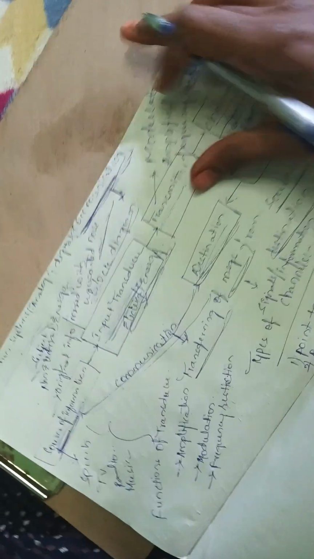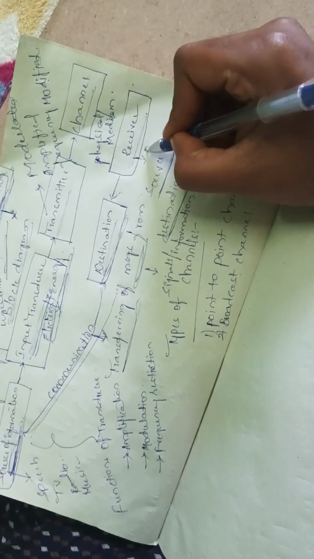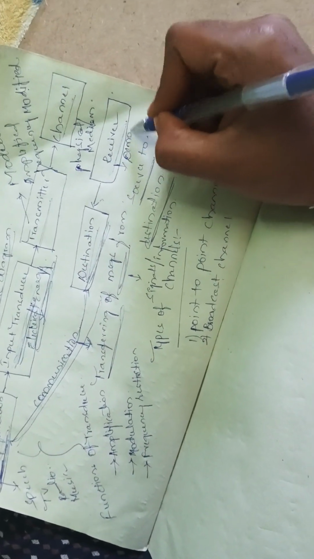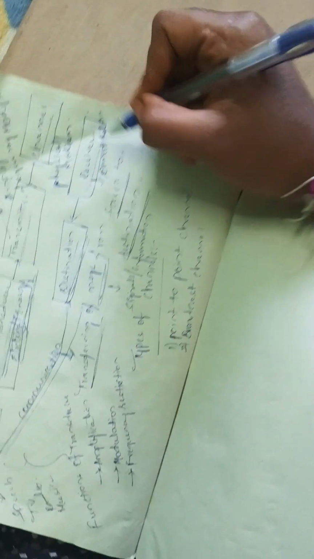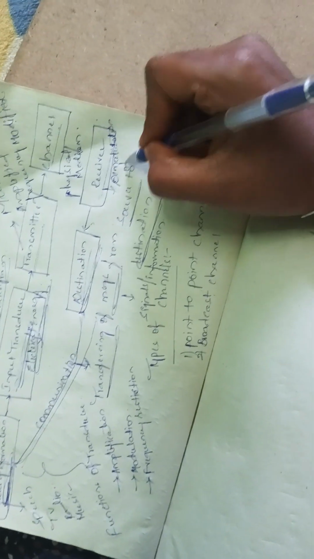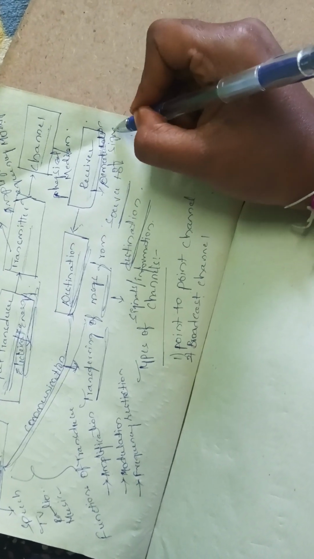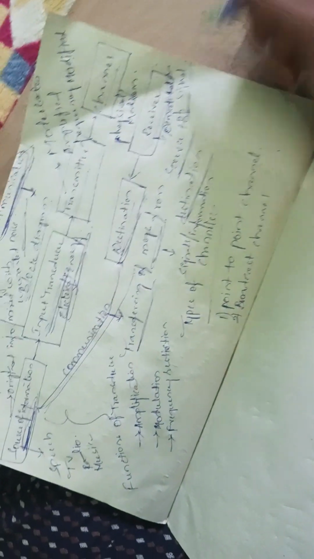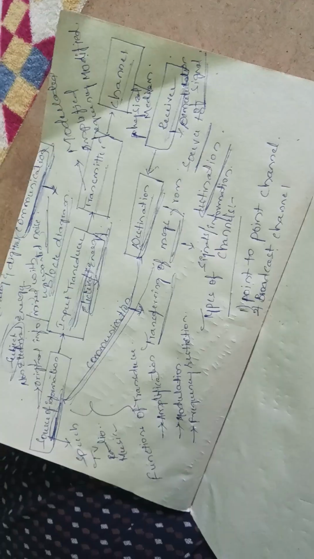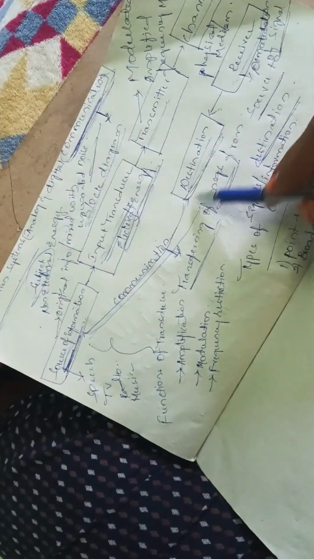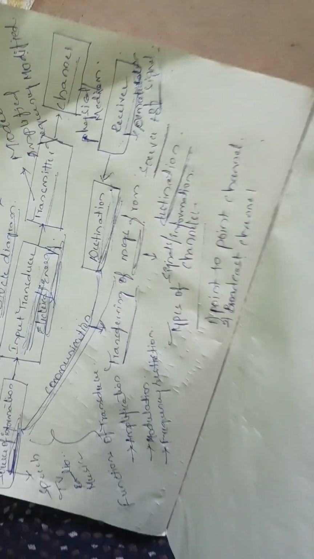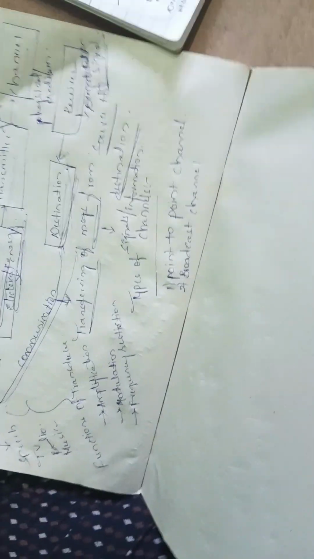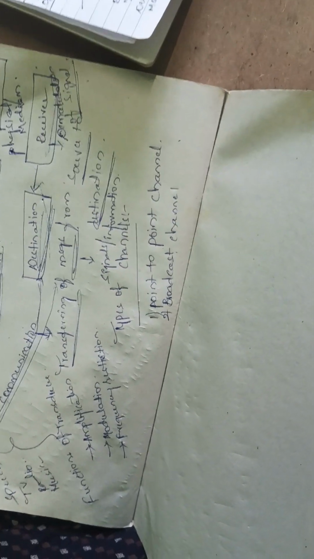At the receiver we will be demodulating the signal. That means demodulation of the signal, and we will get the original signal without noise. Here at the receiver, the destination, we get the original voice. This is what we have.